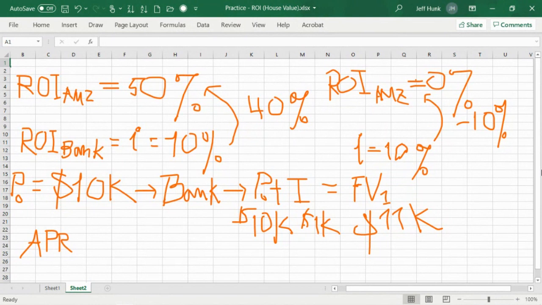But say your borrowing rate is 3%, and when you put your money in the bank, no matter what, it's going to be 0.1%.